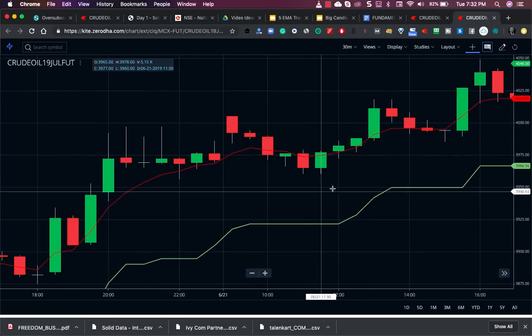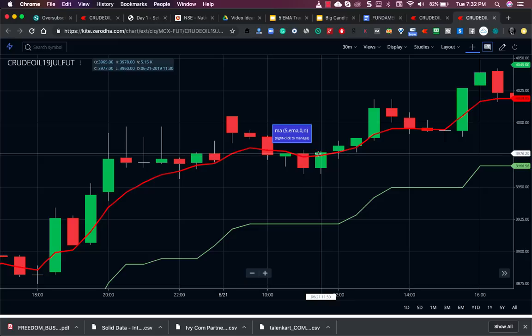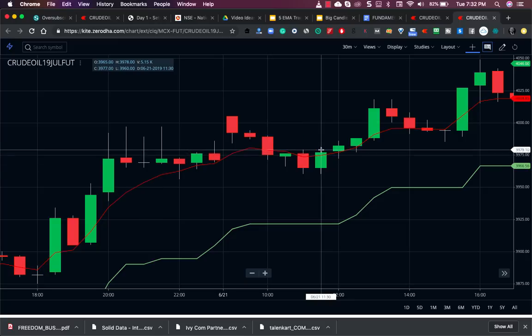So I'm talking about the fresh candle making a close above the 5 EMA. After that, you need to buy on the high of this, and the low of the same candle will be your stop loss. Here in this case, the high of this is 3978 and the low of this is 3960, which means we are talking about an 18 points stop loss, so approximately 20 points.